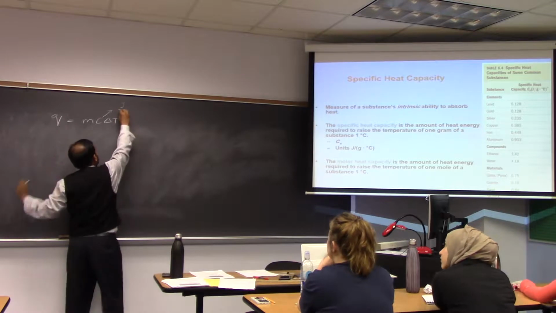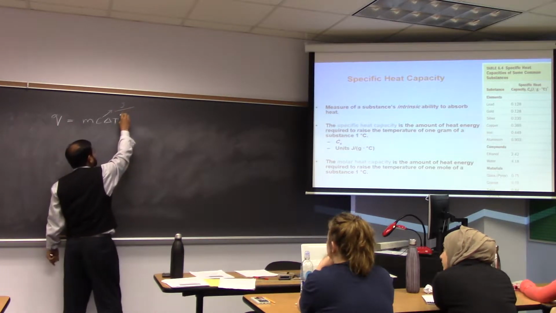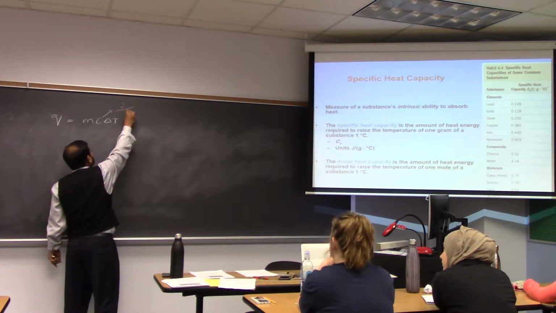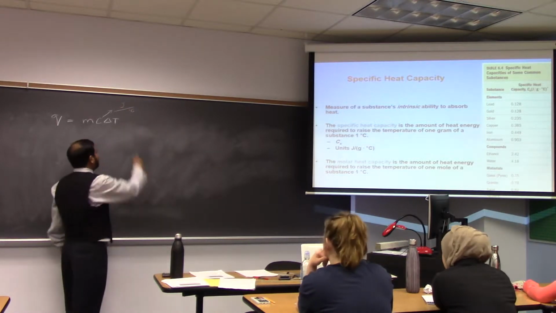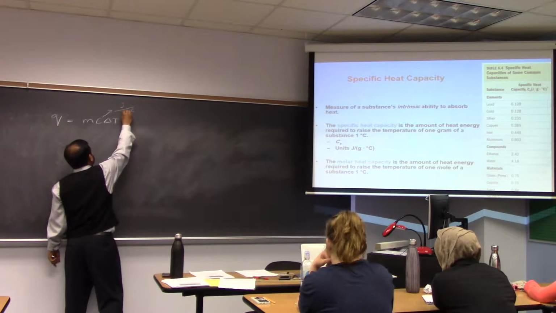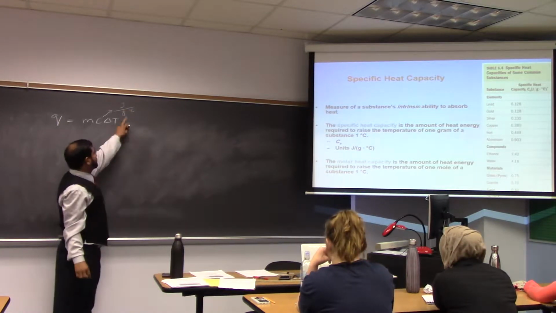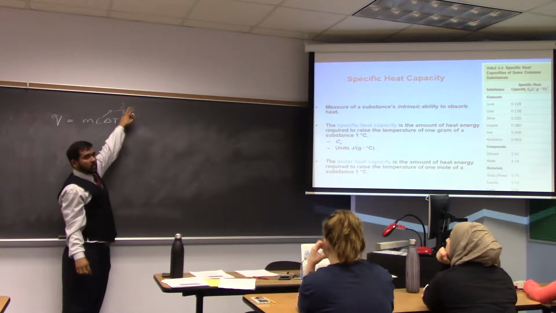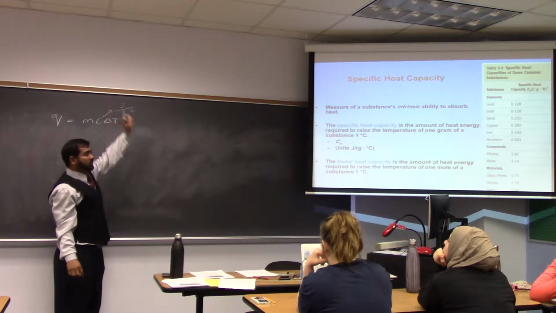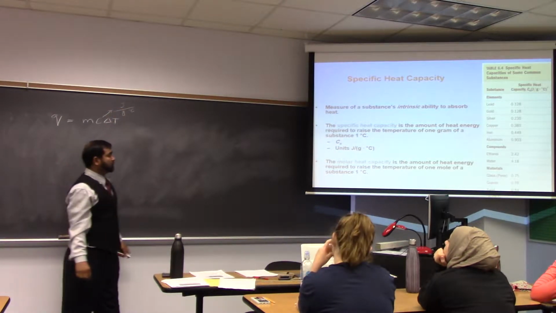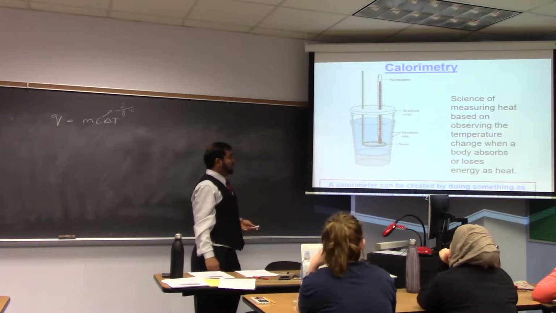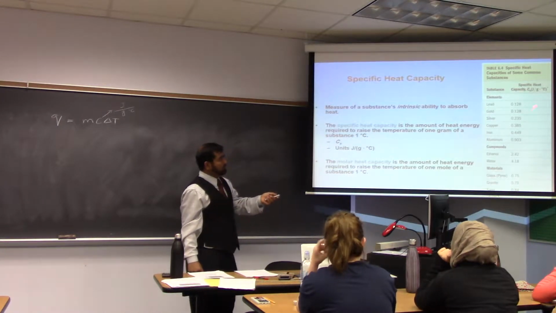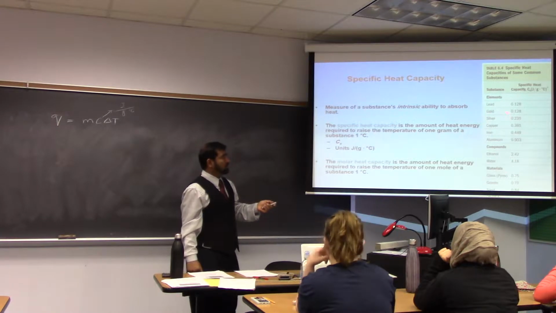Joule is the amount of heat you need to raise the temperature 1 degree centigrade, per gram. For 1 gram of substance, 1 degree centigrade, that's the amount of heat you need. That's called specific heat capacity, which is C. And specific heat capacity, we said, varies depending on the material.